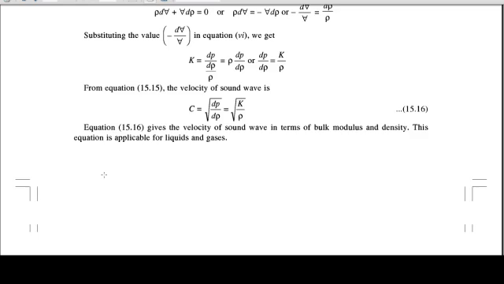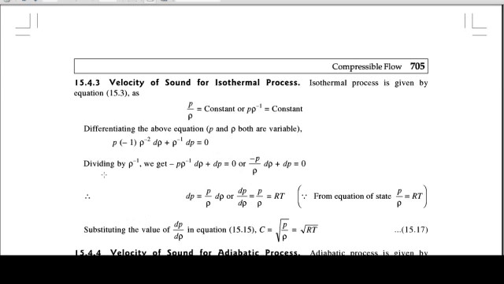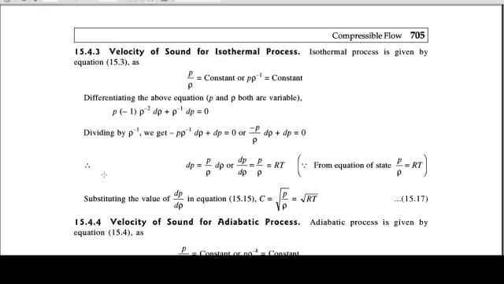Then we will calculate the velocity of the sound for the isothermal process and also for the adiabatic process. For the isothermal process, we know that the relation between the density and the pressure is P upon rho is equal to constant.